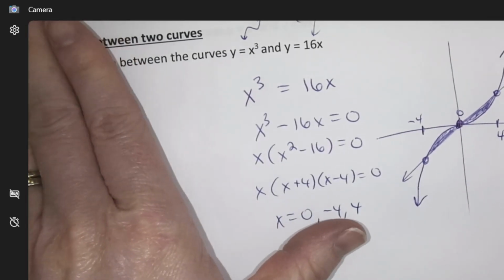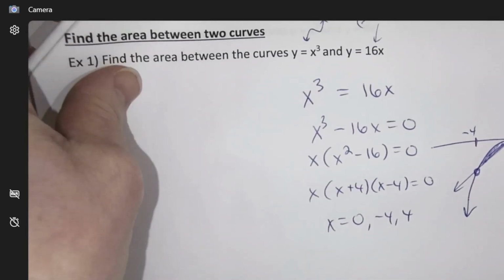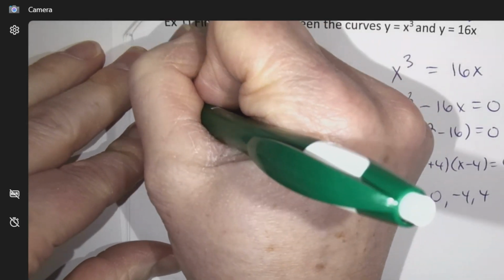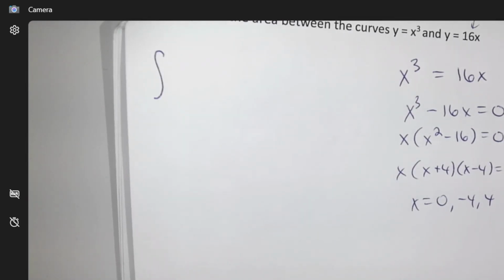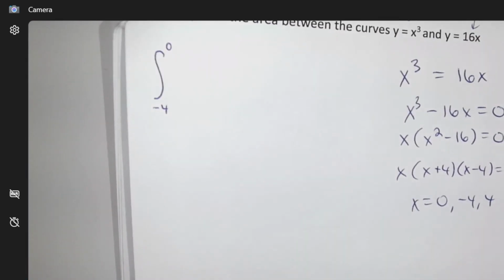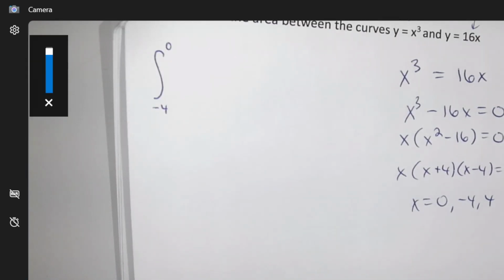Okay, so here's what we need to do. We're going to integrate from -4 to 0.